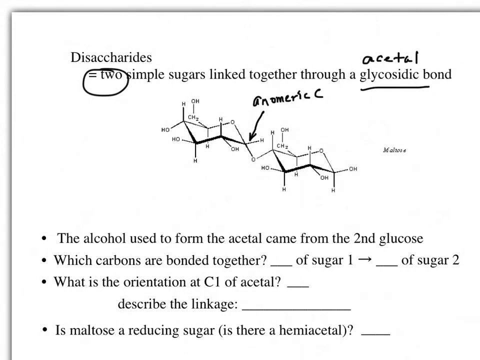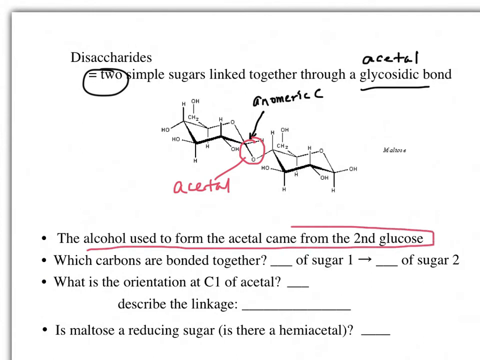If I cover up this second sugar, that's an OH, a hemiacetal for this top sugar. This sugar supplies an alcohol unit. Now it's an acetal. So my acetal bond, my glycosidic bond, is right here. And the alcohol to form the acetal came from the second sugar molecule.